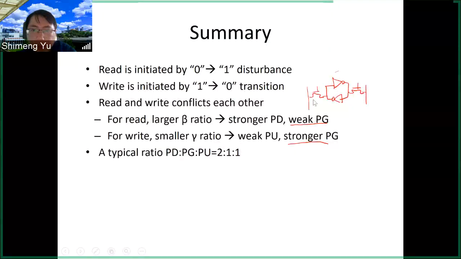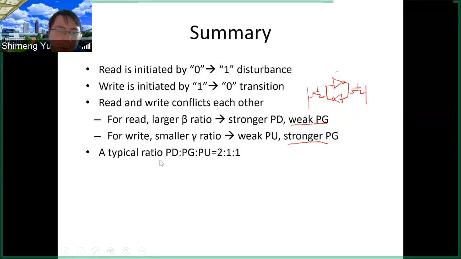To make the SRAM work, the typical ratio of the W over L could be like PD over PG over PU is like 2:1:1. Why would this work? I just draw half of the circuit because the other half is complementary.